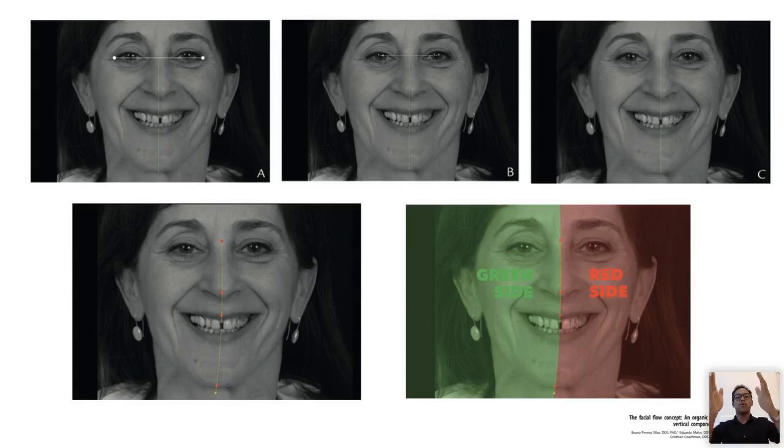And by having that information, you can now design a more asymmetrical smile, if we are comparing to the traditional knowledge that we have, the base of dentistry, but a harmonic smile according to the harmony of this patient's face.